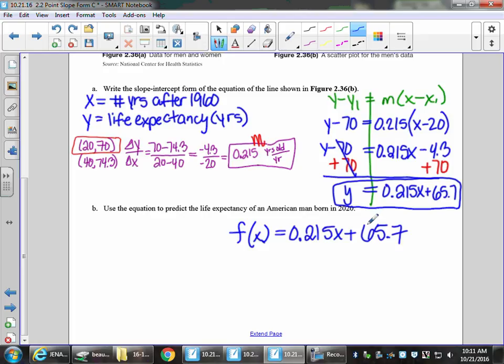What did x represent again? Years after 1960. How do you figure out how many years after 1960 is 2020? What can you do? So let's do it. 2020 minus 1960 is how many years?